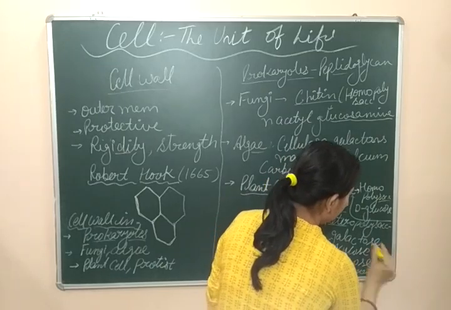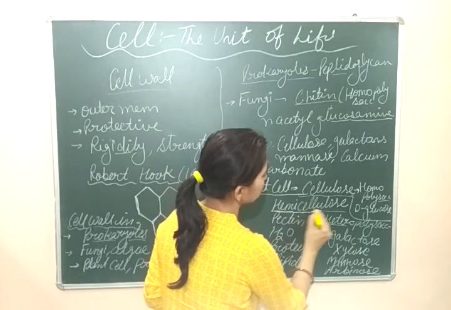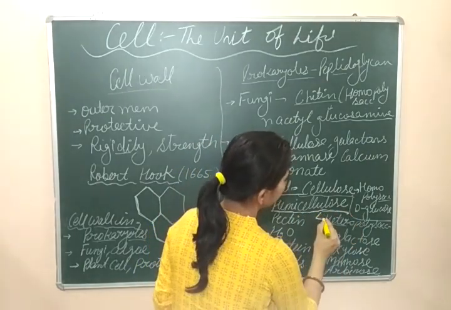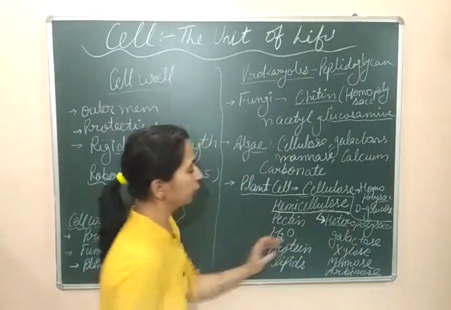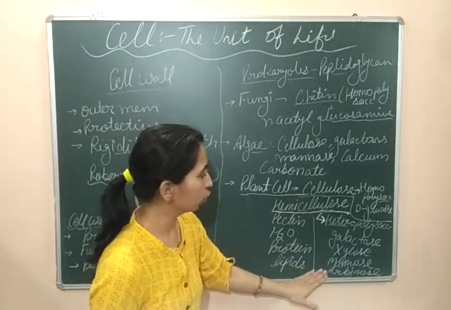So this is about hemicellulose. Hemicellulose is a heteropolysaccharide of galactose, xylose, mannose and arabinose.